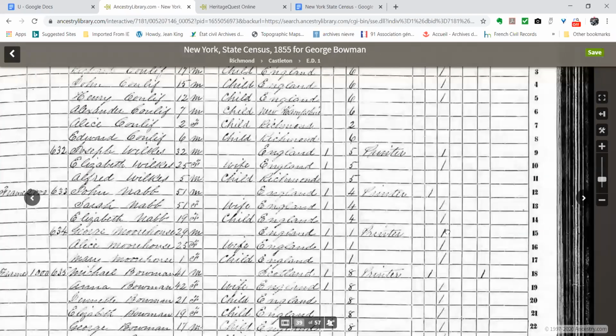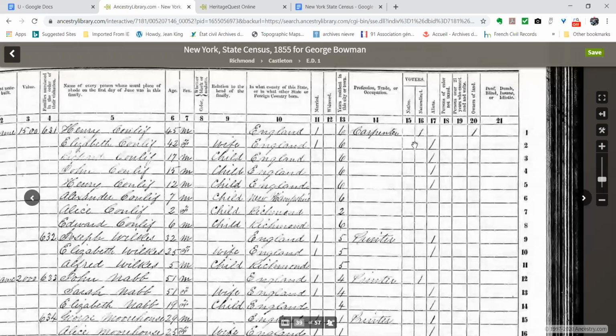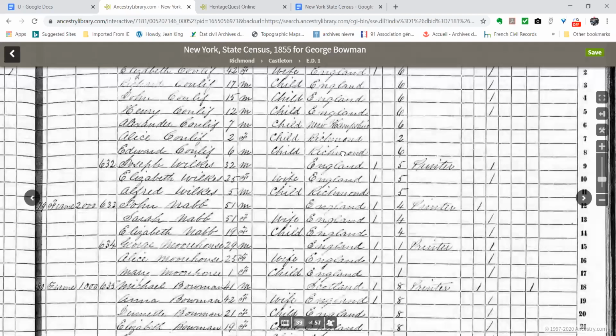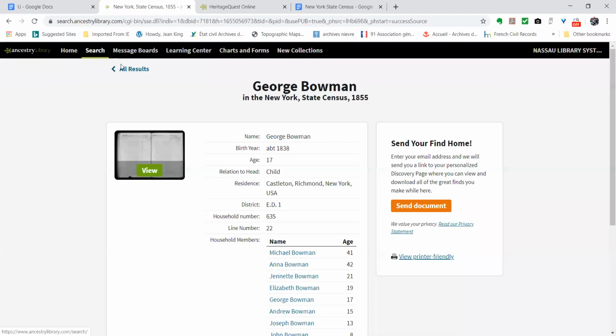But it's not a tremendous amount of detail. And over here, it's asking whether they're an alien or not. Not that kind of alien, not the other. And whether they were naturalized citizens and whether they were owners of the land. So that's one of the older ones.